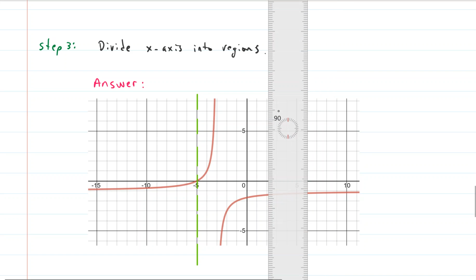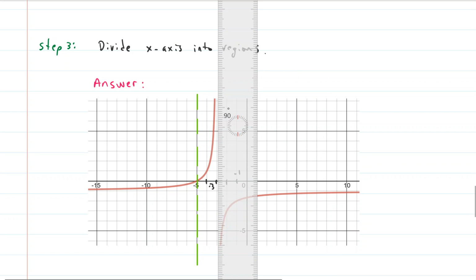So if this is negative 5, this is negative 4, negative 3 is right there. Here's negative 2, negative 1, and 0. So negative 3 is right here. Let's do another green dashed line at x equals negative 3.